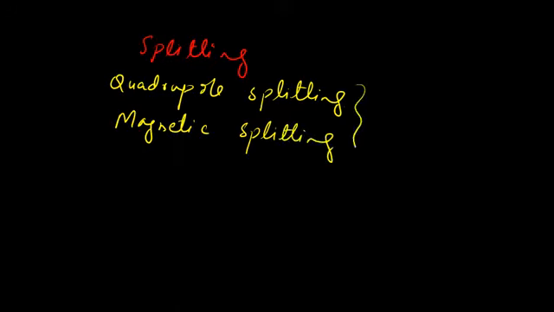So now we will discuss one by one what the quadrupole splittings are and what the magnetic splittings are, and what the conditions are for both these two types of splitting.